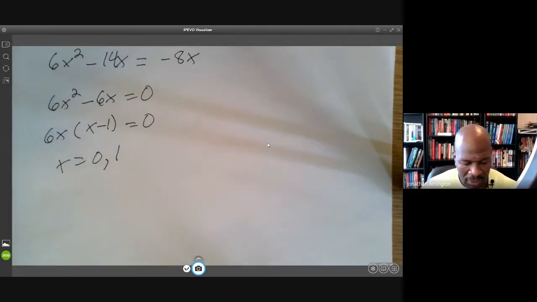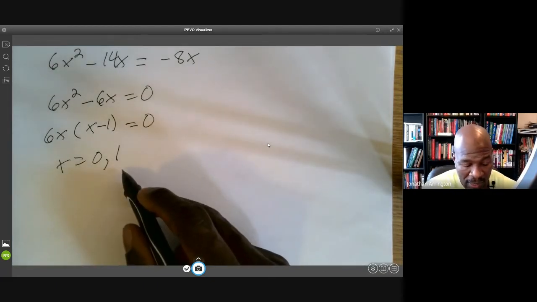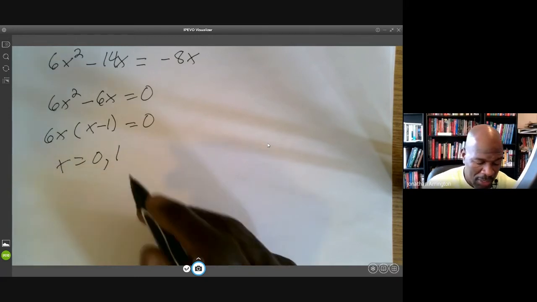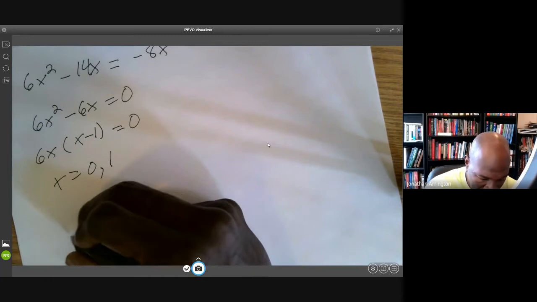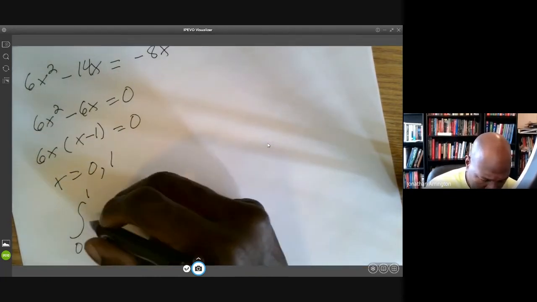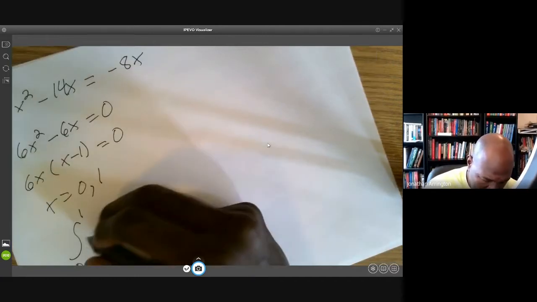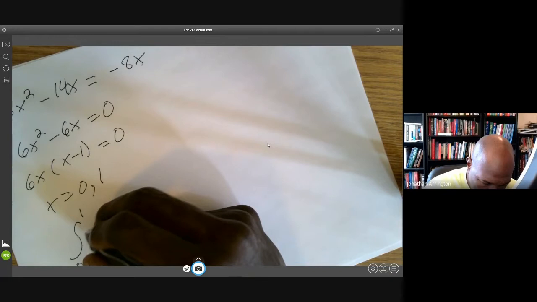So 0 is no big deal because we're integrating between 0 and 3. But the fact that it intersects at 1 is a big deal. So that means when I do this integration, I'm going to do one integral from 0 to 1. And I'm going to write it like this because I'm not going to even change the order in which I integrate.